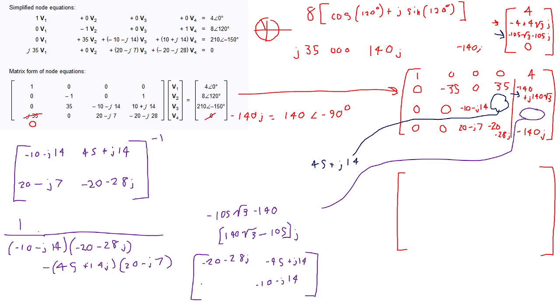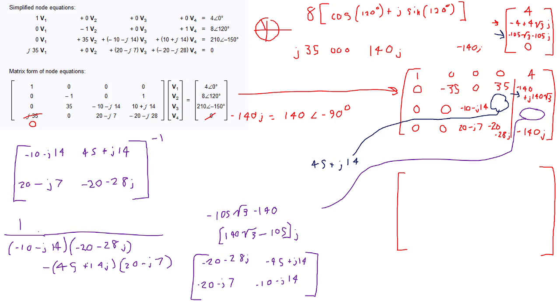And then this is negative 20 minus J7. Okay, so you swap the order of the main diagonal, then you put minus signs on the off diagonal.